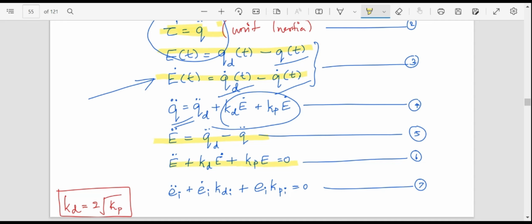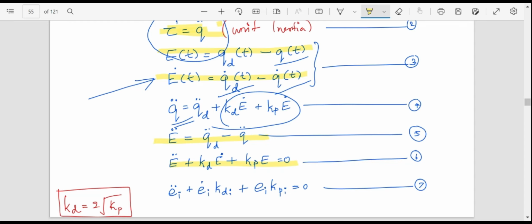If you look at the error dynamics of this system, this is a closed loop system, and this error dynamics is specified by a second order linear error equation. Also, please understand that equation number 6 is a vector equation and it can be decoupled on one condition: if Kp and Kd are diagonal matrices with constant gains.